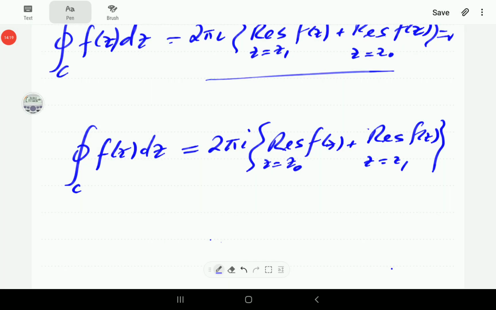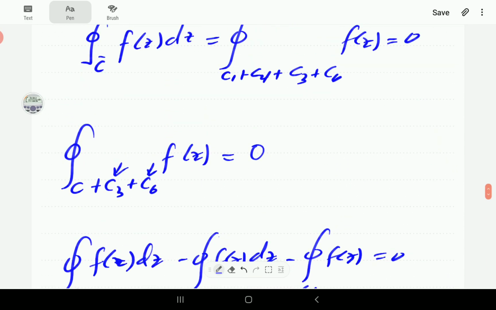So basically that's how the theorem is derived. It's a sketchy proof, but it is adequate.